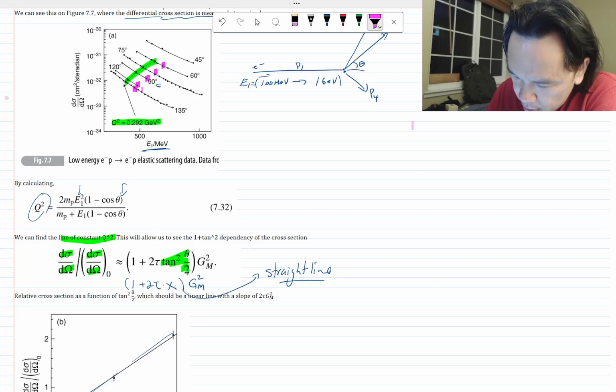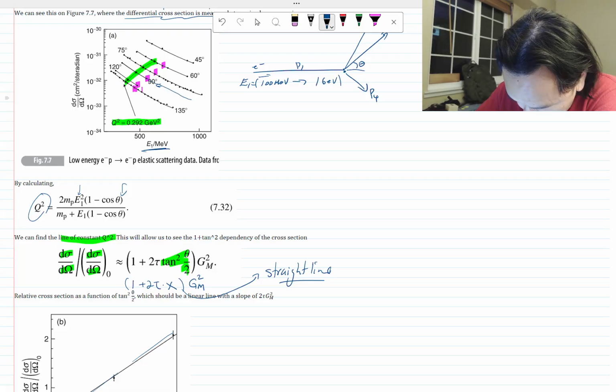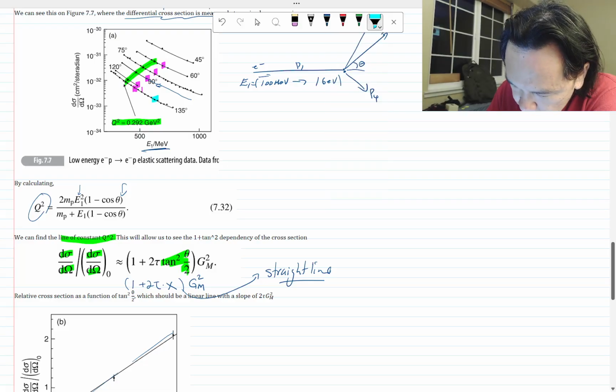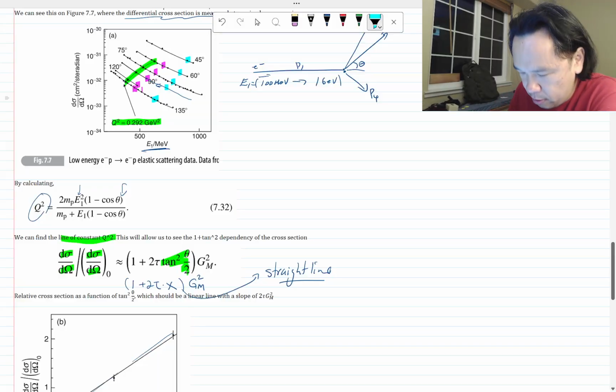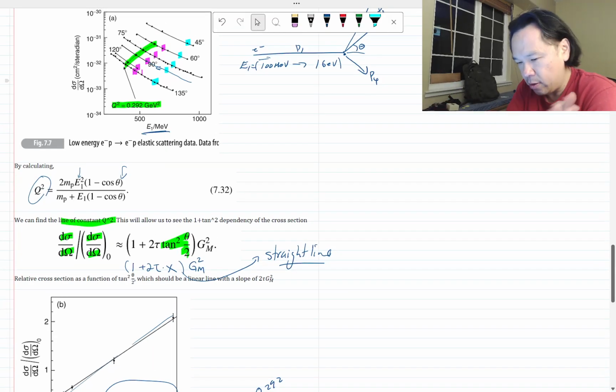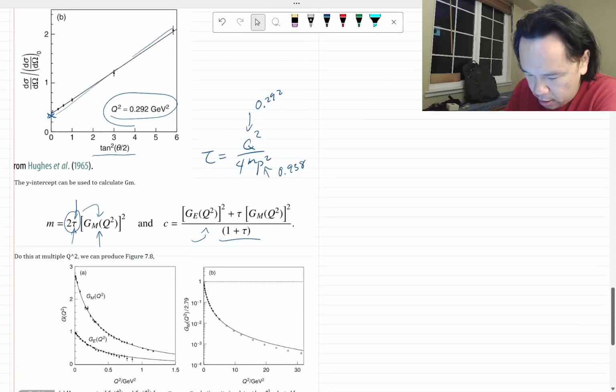constant Q squared. And just by extending these things out, you expect that this will go out like this. You can do this even where you don't have data points, and then you get where you expect these data points to be. You can have it at different Q squared, so an increasing Q squared.